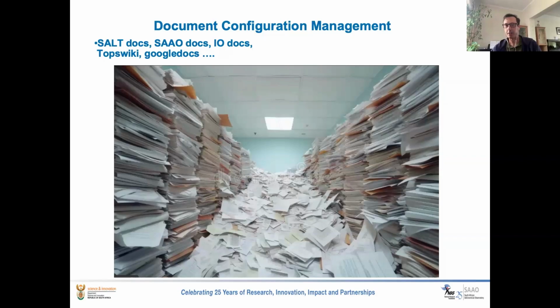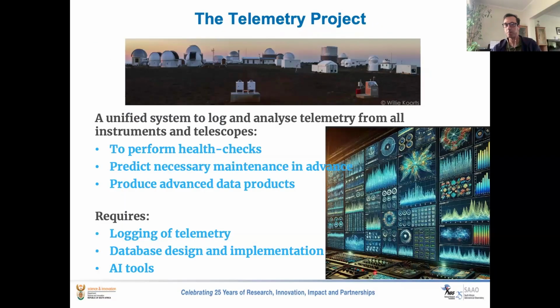It's a massive information resource, but we've no idea how to extract information from it. So the question is, can we use AI and technologies like RAG, retrieval augmented generation? Can we just throw all our documents at that and create an intelligent interface to the observatory's information?